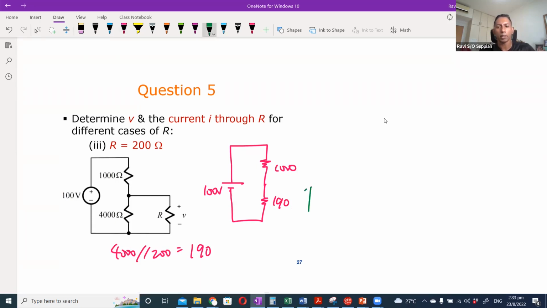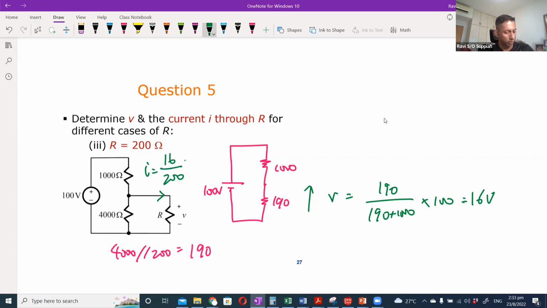And if I do the same calculation for V, it will be 190 over 190 plus 1000 times 100, 16 volts. And then the current through the R here will be 16 volts over 200, which will be 80 milliampere.